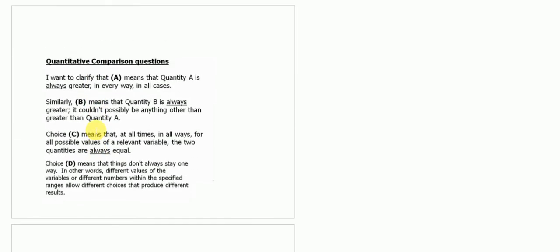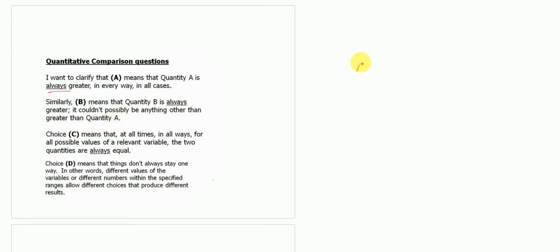Let's try to improve our understanding of every option. Remember that A means that quantity A is always greater, in every way, in all cases. Similarly, B means that quantity B is always greater. It couldn't possibly be anything other than greater than quantity A.